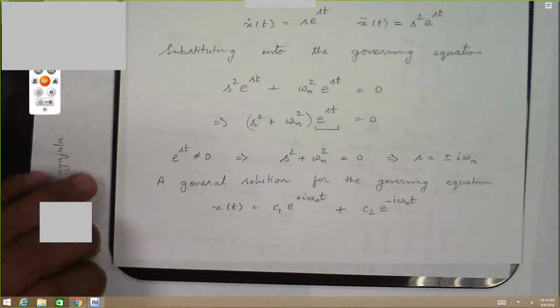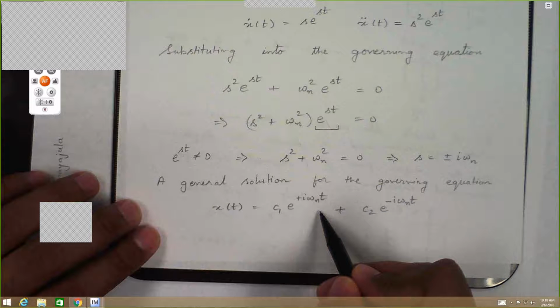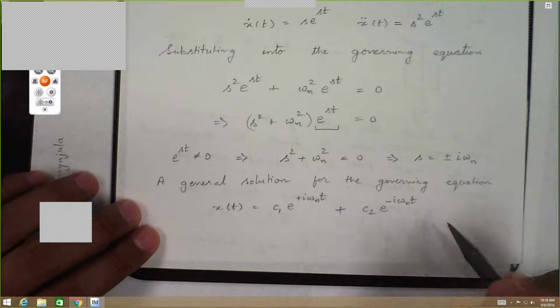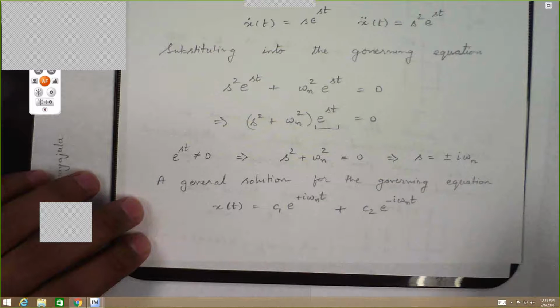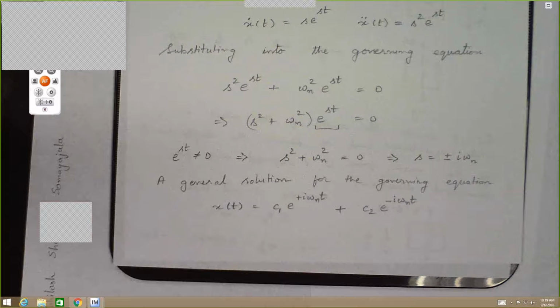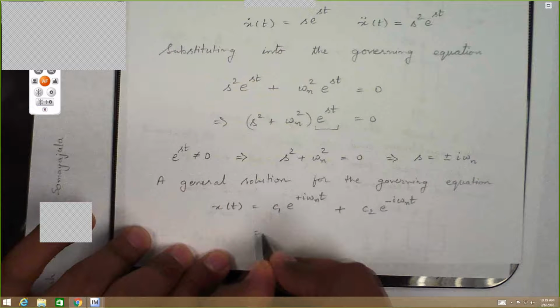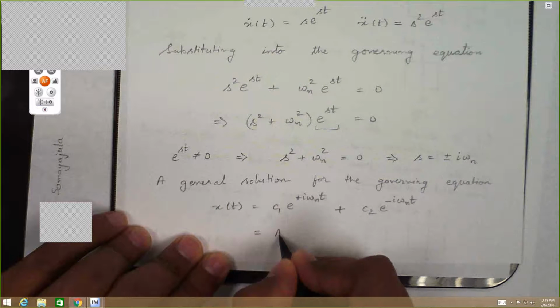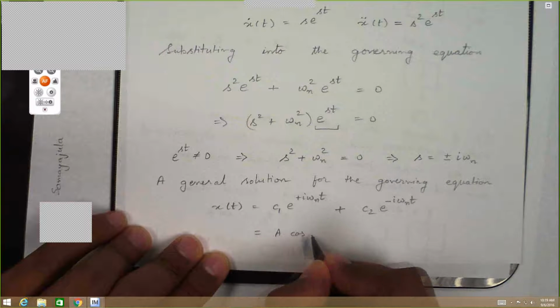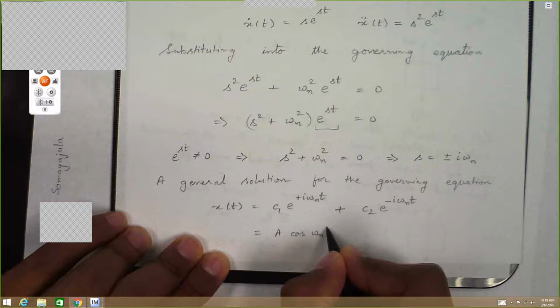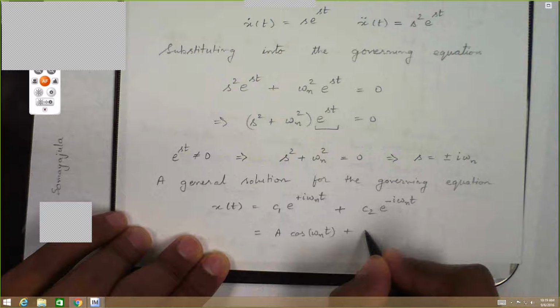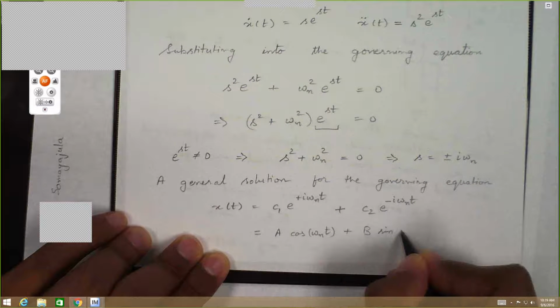Now we also know that e to the power i omega n t and e to the power minus i omega n t can be written in terms of sine and cosine terms using Euler's formula. So another possible way of writing the solution could be a times cos of omega n t plus b times sine of omega n t.